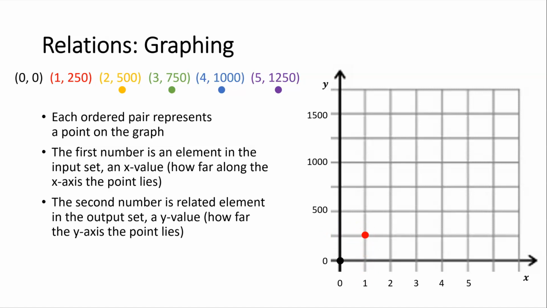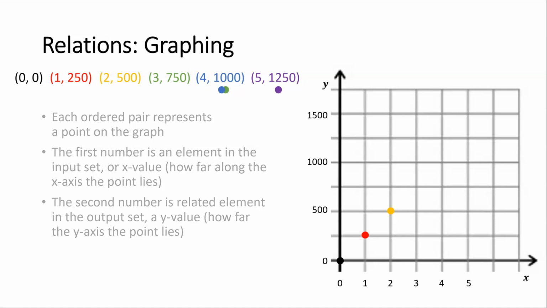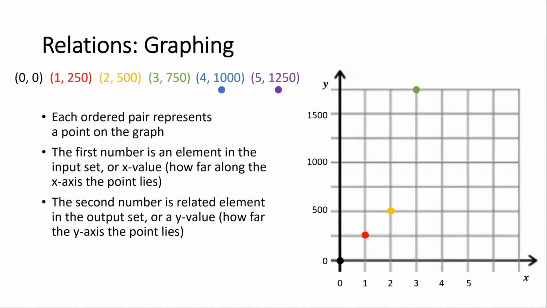2, 500, that point is going to go all the way to the 2 line on the x-axis, and then down to the 500 line on the y-axis. 3, 750 goes to 3, and then 750. 4, 1000, 4 along the x-axis, and then 1000 along the y-axis.